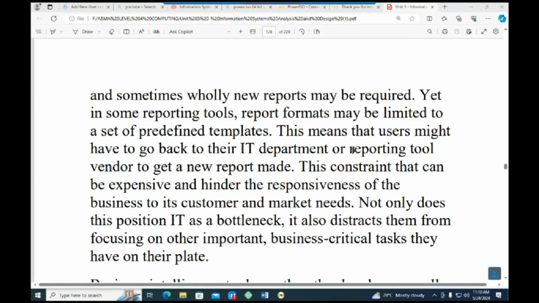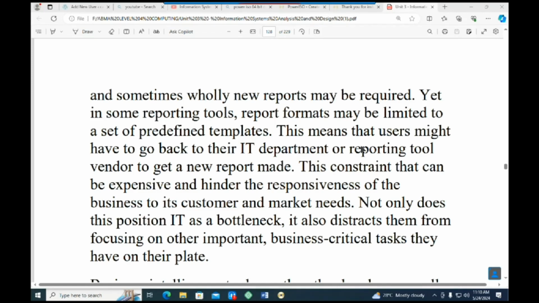But if you look at some reporting tools, we have some report formats that are limited to some set of templates. Templates are limiting the format. This is going to cause the person using that report to walk back to the IT department or maybe the reporting tool vendor so that they can get another new report made.